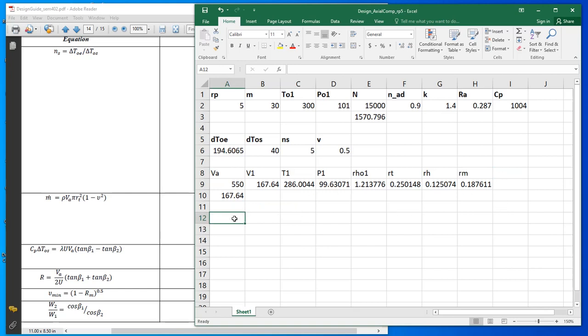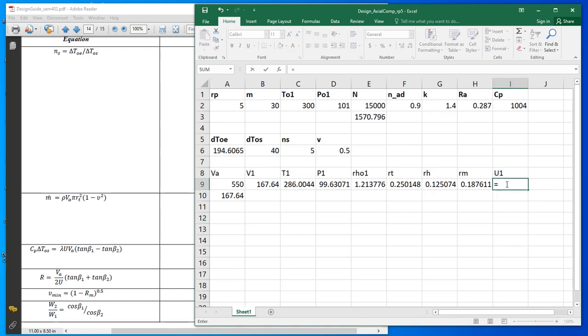So tan beta 1 is u1 by v1. So we need to find out our u1. So let's calculate u1. Just to save space, let's calculate our u1 over here.